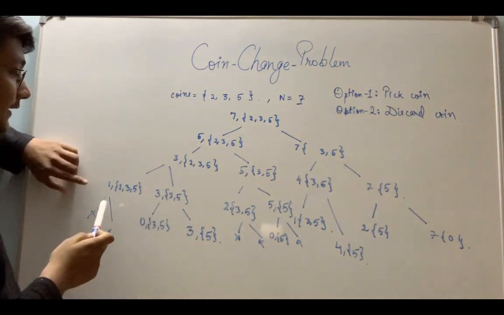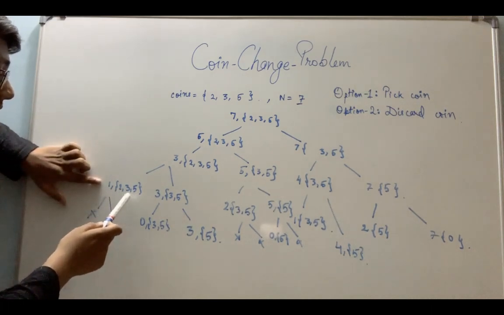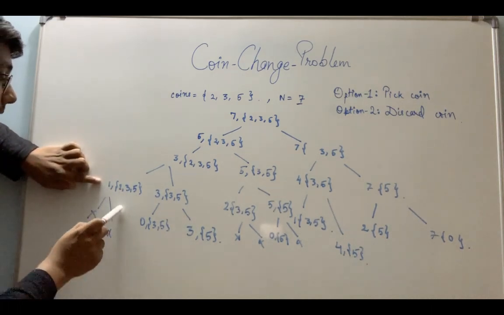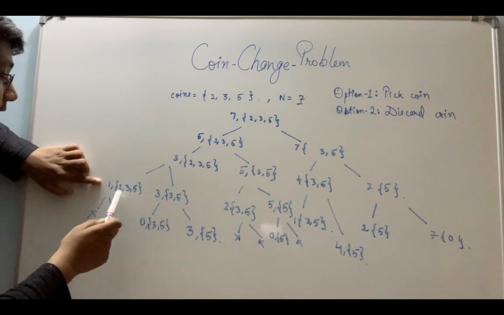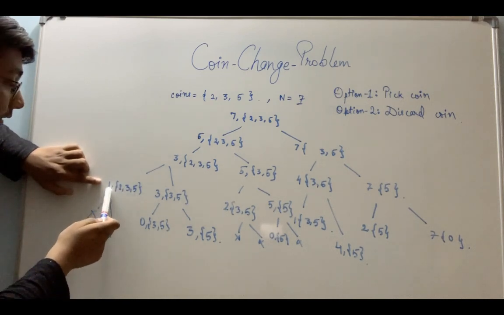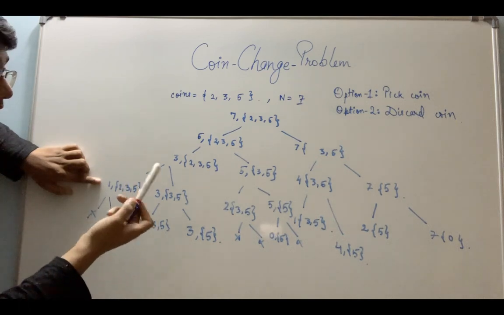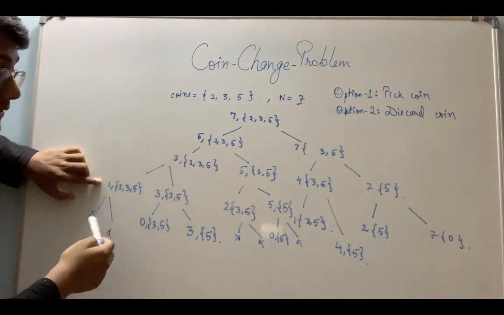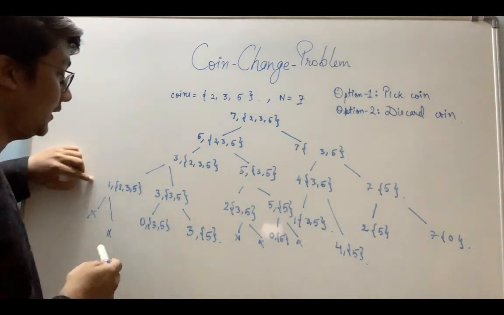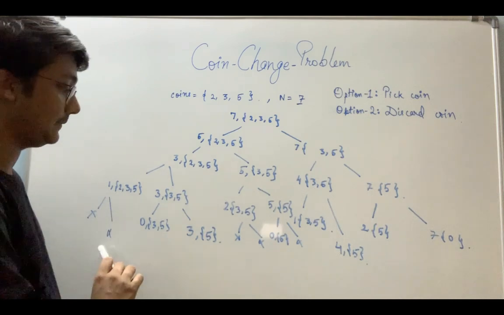Now interestingly, from here, no matter whether you pick a coin or discard a coin, you are not going to get any result, because even if you pick a coin 2, 3 or 5, any coin you pick is going to reduce the number to less than 0. And if your problem is reducing the number to less than 0, you can never make change for that particular configuration. So I have discarded that entire subtree.